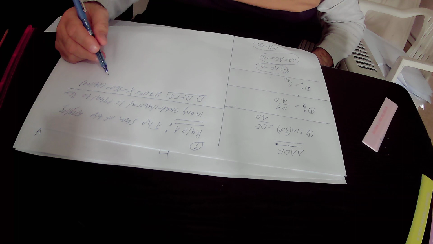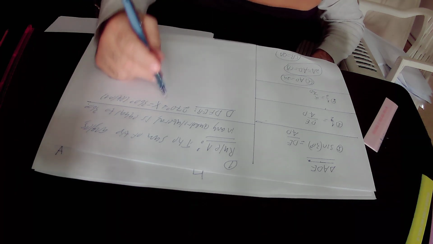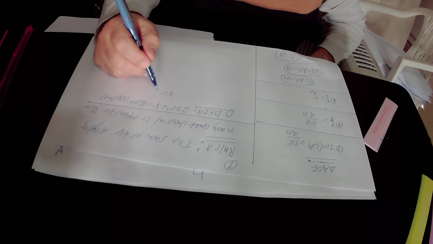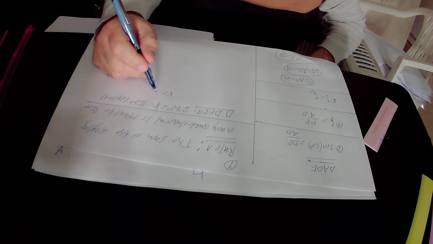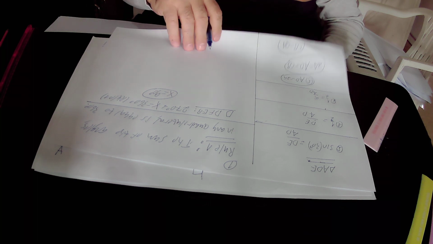Here we will subtract 270 degrees and we will get that angle X equals 360 degrees minus 270 degrees, that is to say angle X equals 90 degrees. So we found out that angle X is a right angle equal to 90 degrees.